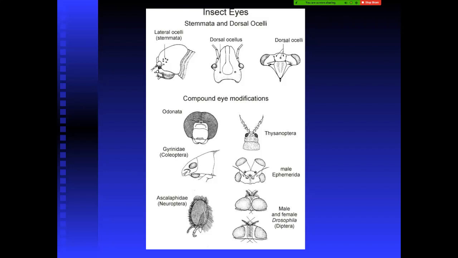And when you have multiple ones together, they're called stemmata. And if they're just a couple on the top, that's dorsal ocellus. And then you have compound eyes again, that you can see very clearly on Odonata. Hopefully by now you realize Odonata means dragonflies.